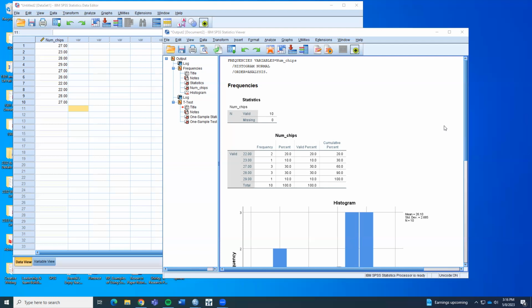The cookie part will wash away and the chips will be counted. After counting the chips, the cookies contained between 22 and 29 chocolate chips with a standard deviation of 2.69. The average is 26.10, and that's where we get our standard deviation from.